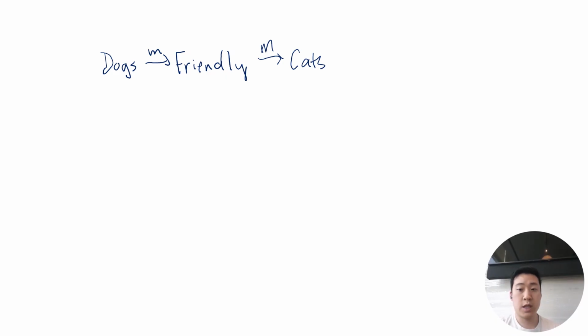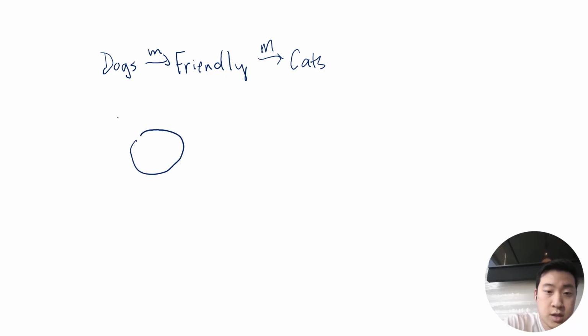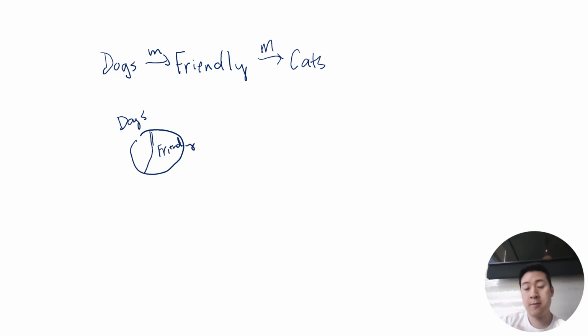But again, let's look at it from the visual. Let's say this circle represents all of the dogs in existence. We know that most dogs are friendly, but notice how, if we apply our everyday knowledge, it's totally possible that there are friendly things aside from dogs, right?